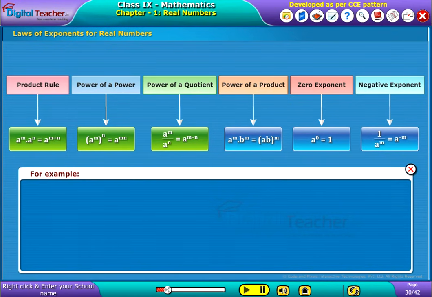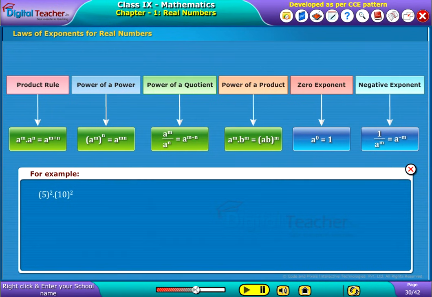For example, let us consider 10 power minus 6 by 10 power 3, which is equal to 10 power minus 6 minus 3, in turn equal to 10 power minus 9. For example, let us consider 5 power 2 into 10 power 2.